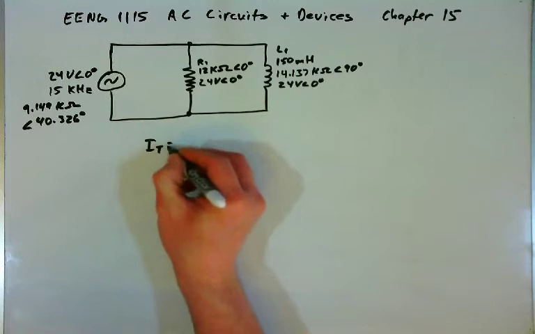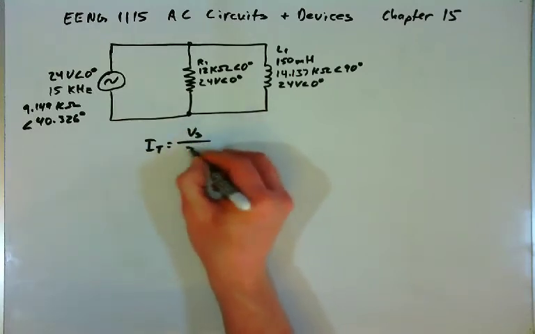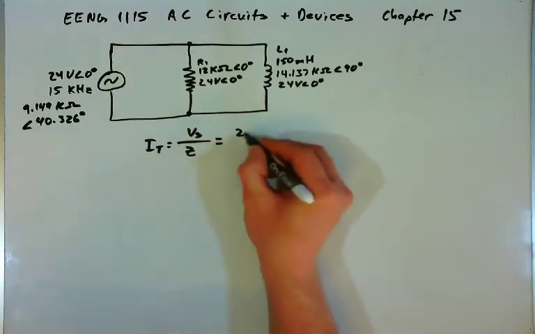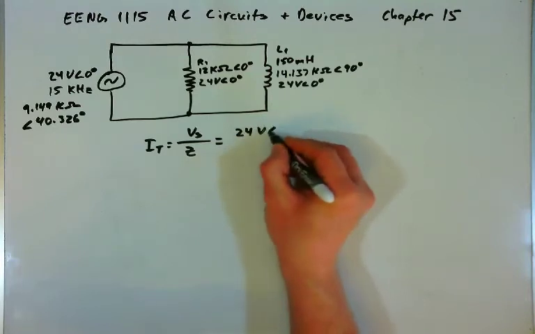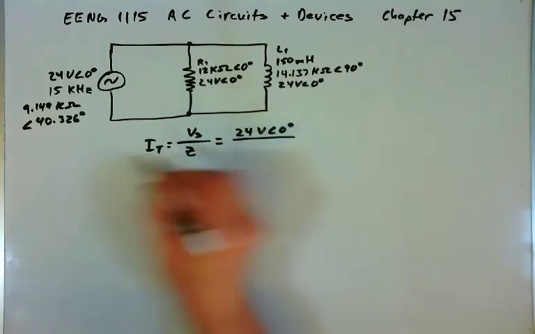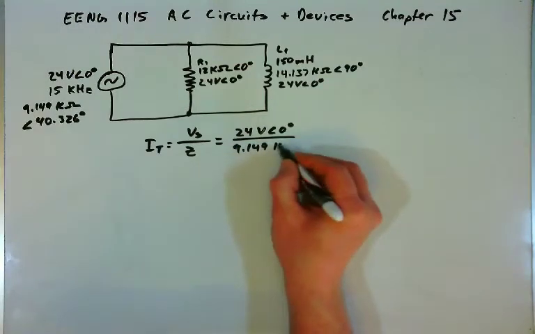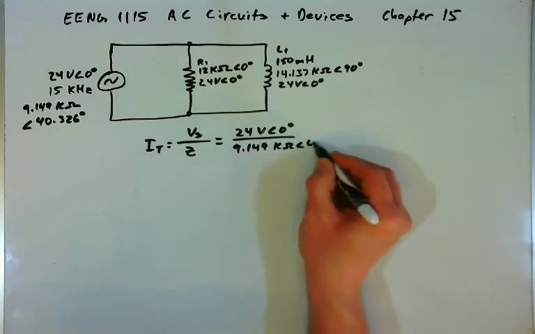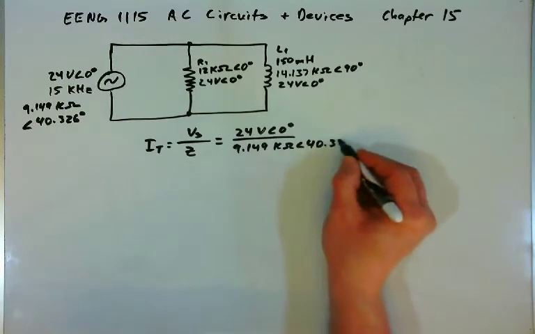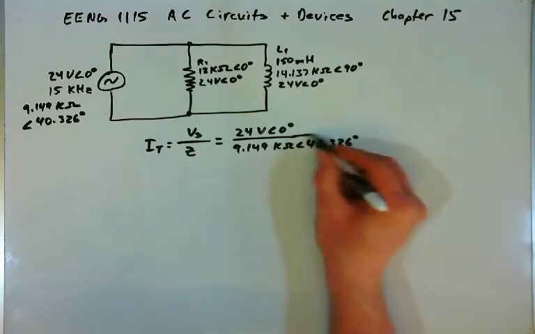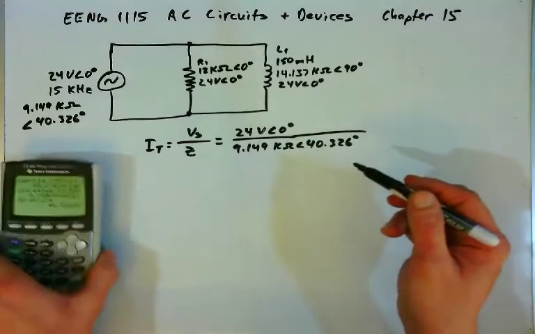The total current of the circuit will be the source voltage divided by the impedance. Source voltage is 24 volts at 0 degrees. We want to divide by the total impedance, 9.149 kilo ohms at an angle of 40.326 degrees. So we're dividing.